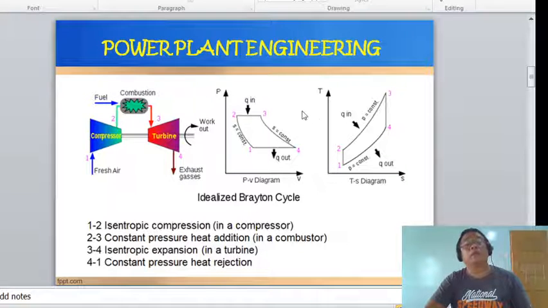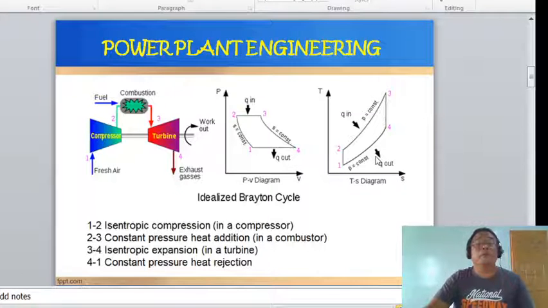And for the TS diagram, it is written here. 1 to 2 is isentropic, that is a straight line, perpendicular to the entropy line. Then 2 to 3 is constant pressure, 3 to 4 is isentropic, and 4 to 1 is again constant pressure.